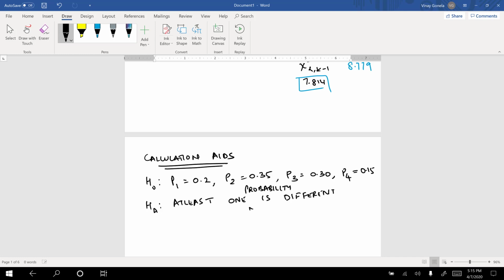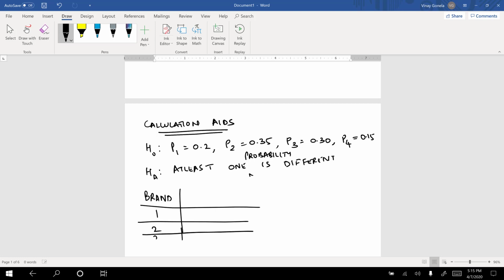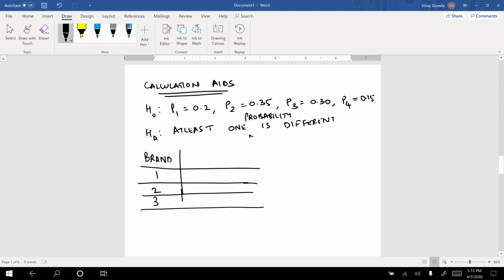And then the data given would be brand. We have different brands: brand 1, brand 2, brand 3, and finally brand 4. So N would be 102, 121, 120, and 57. This is the data that will be given.